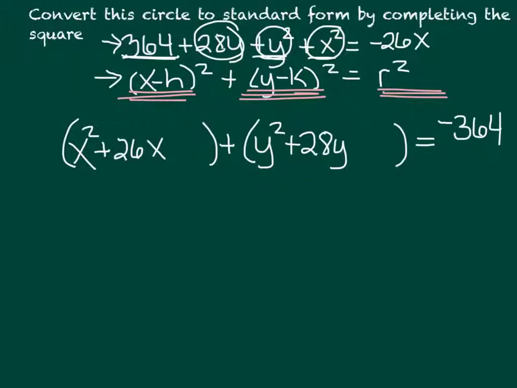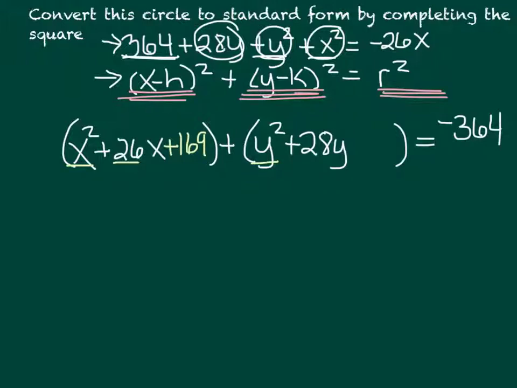Now that we've grouped our like terms, we need to complete the square. In this case, we don't have to factor anything out to the left of either this one or this one. They both already start with just plain variable squares. They have a 1 there, so that's okay. So I just need to look at this 26, half of 26 is 13. And 13 squared is 169.